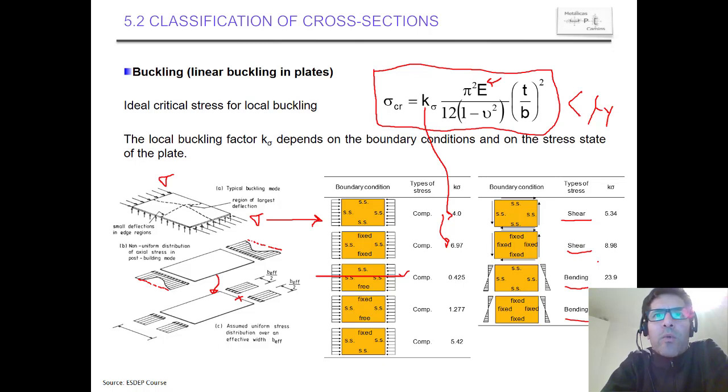So it means that we more or less know the elastic critical buckling stress, which I will call sigma CR, which depends on the boundary conditions, depends on the type of stresses, depends on the elasticity modulus, the Poisson's ratio, and very importantly, it depends on the thickness of the plate and the width of the plate.